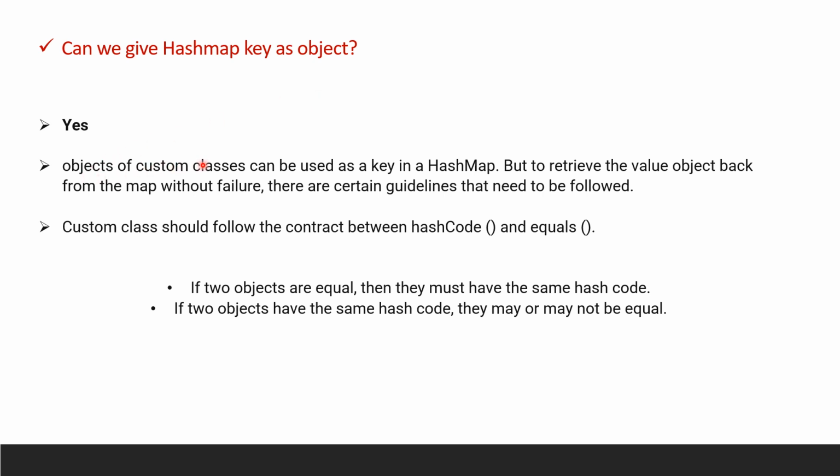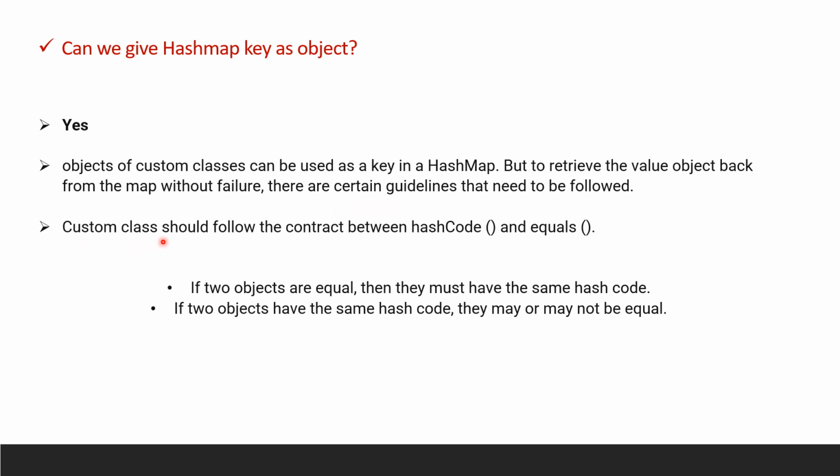The objects of custom classes can be used as a key in a hash map, but to retrieve the value object back from the map without failure, there are certain guidelines that need to be followed. So whichever custom classes we are declaring, we can have that custom key in the hash map, but when we want to retrieve the value of that particular key, we need to follow certain guidelines.